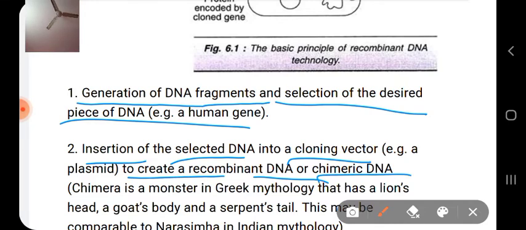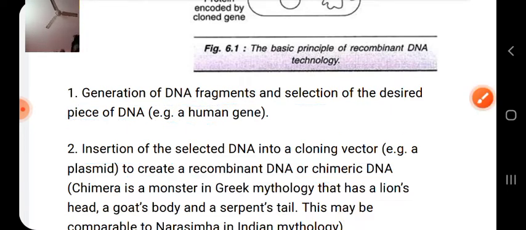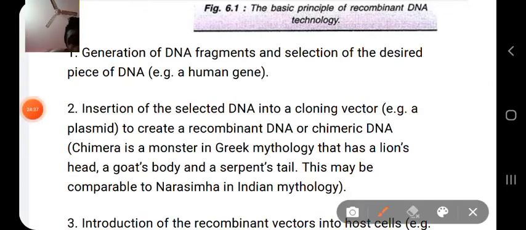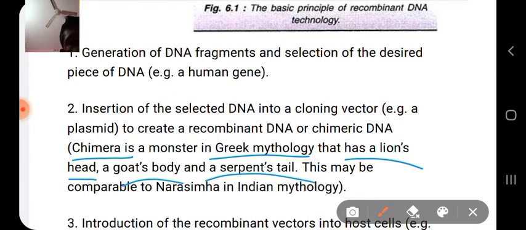Now what is chimeric DNA? Chimeric DNA means DNA that is assembled, consisting of various types of gene segments contained within the vector. Chimera comes from the monster in Greek mythology that has a lion head, goat body and serpent's tail.